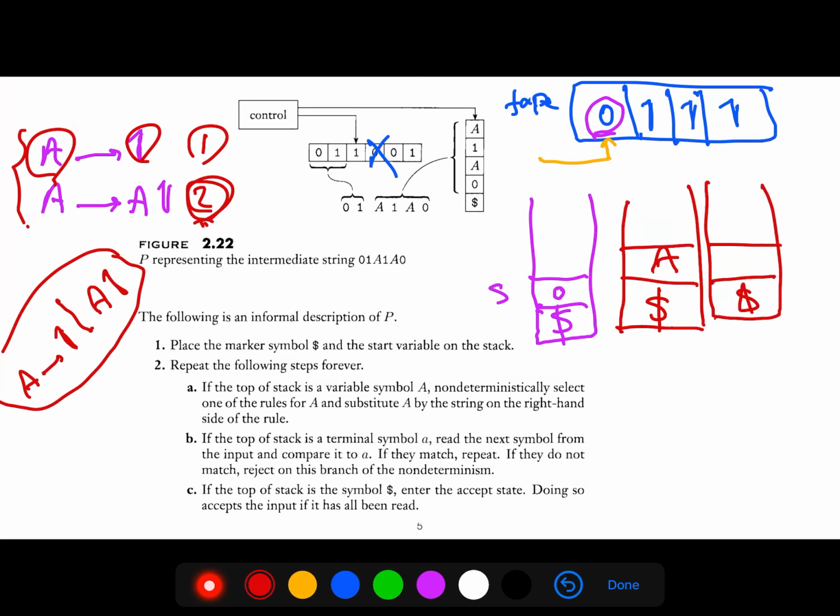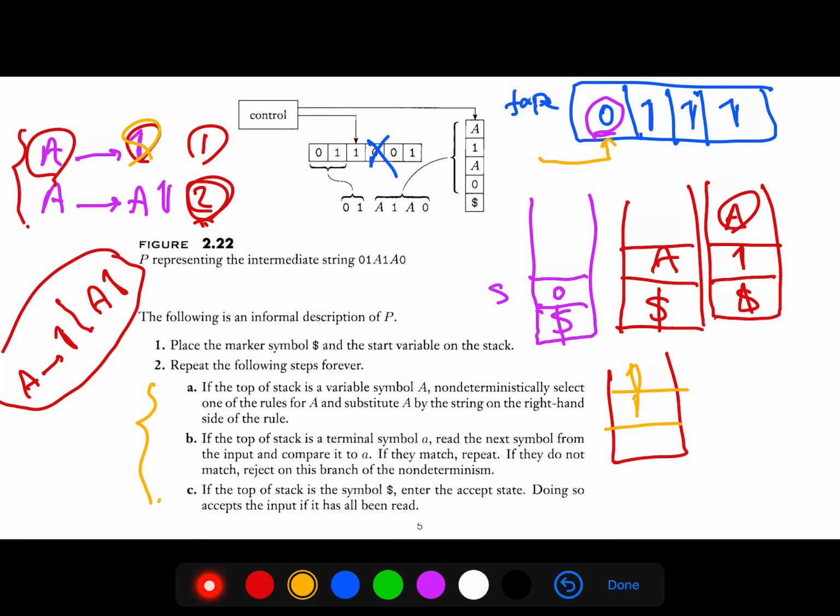So $, and then A1 becomes like this. And now I want to use rule 1. So I use rule 1, so instead of A, I use 1. So it becomes 1, 1.